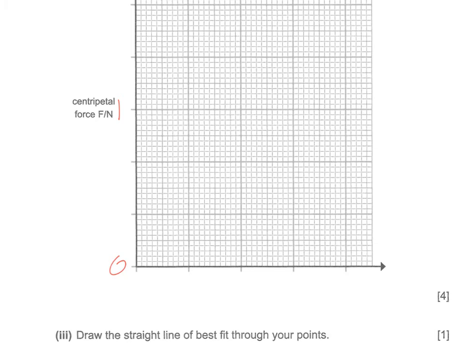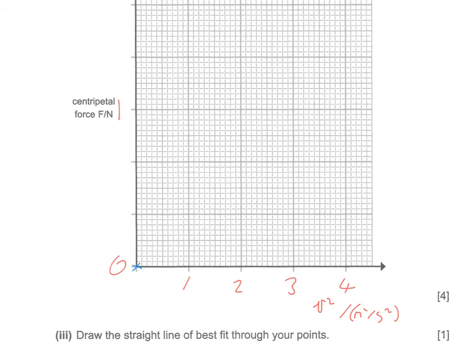So probably just go 1, 2, 3, 4 for our V squareds. And we just need to recognize that when we square velocity, we get meter squared per second squared when we're putting that unit in.